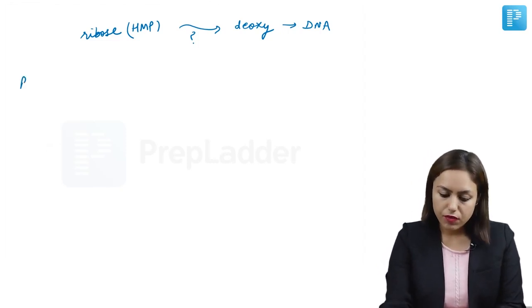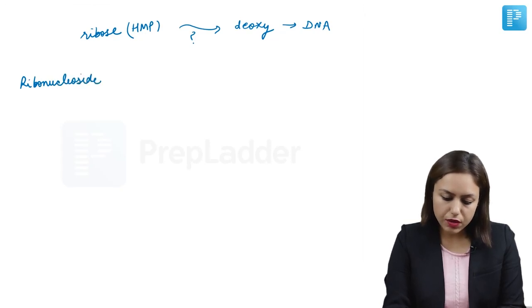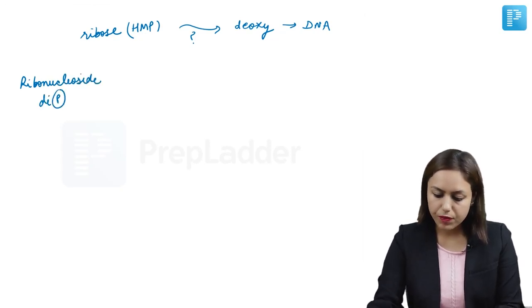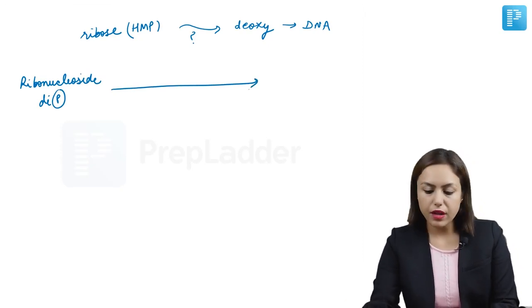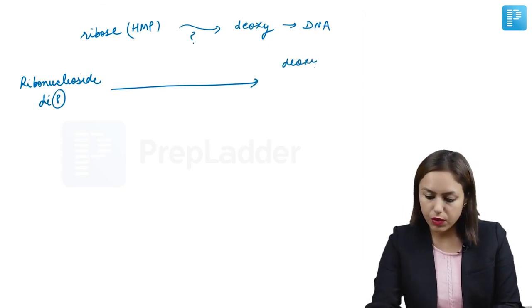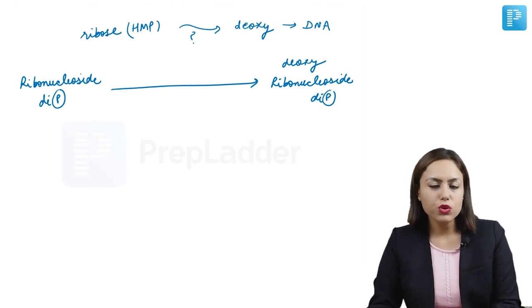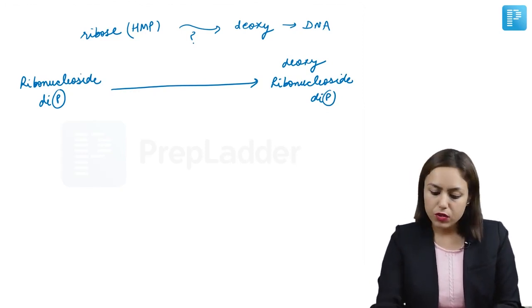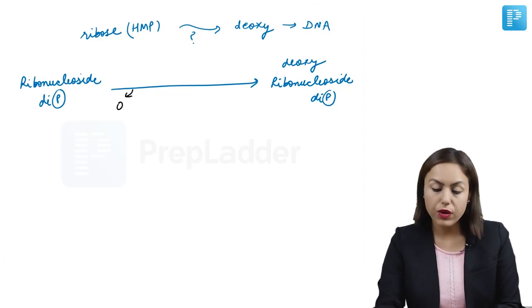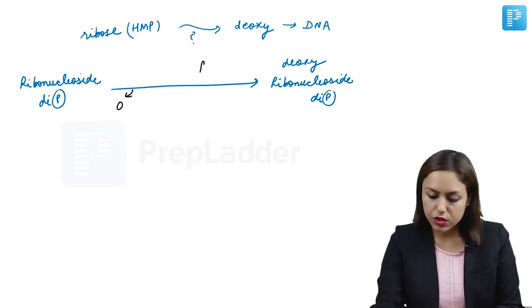That is, when it is ribonucleoside diphosphate, at this level it will be converted to deoxyribonucleoside diphosphate, right? So here ribose sugar is getting converted to deoxyribose, so there will be removal of one oxygen and this is reduction.